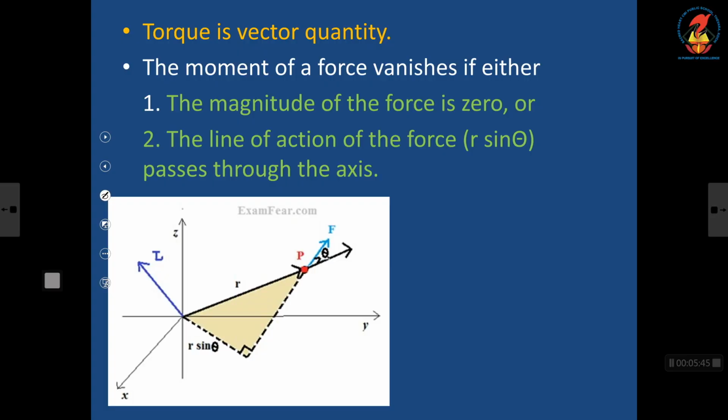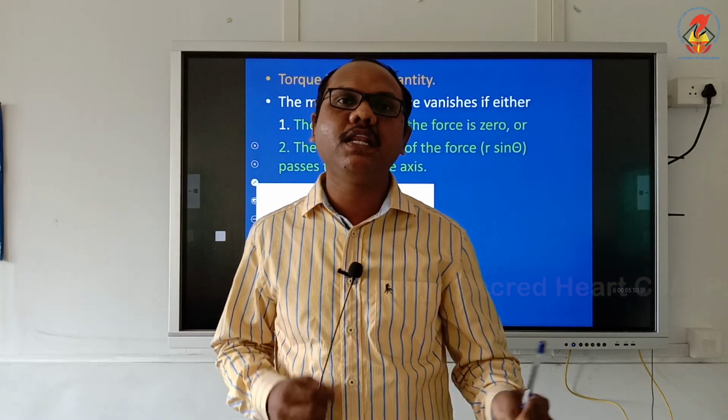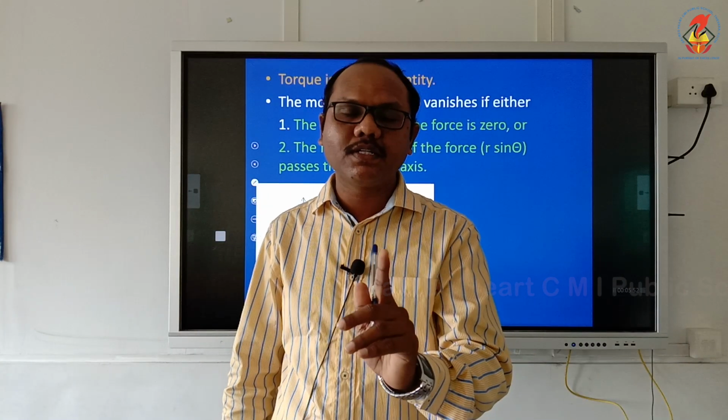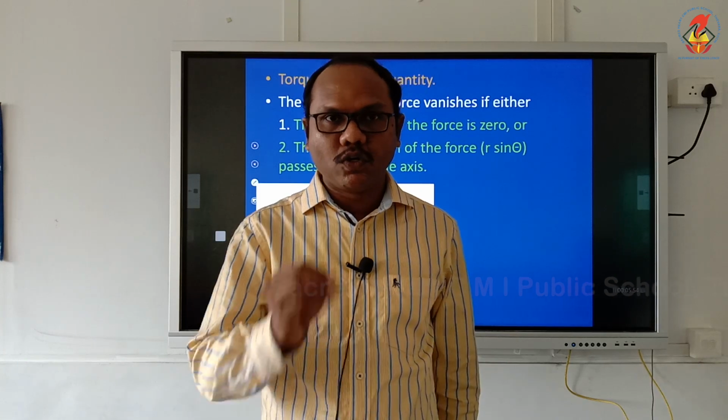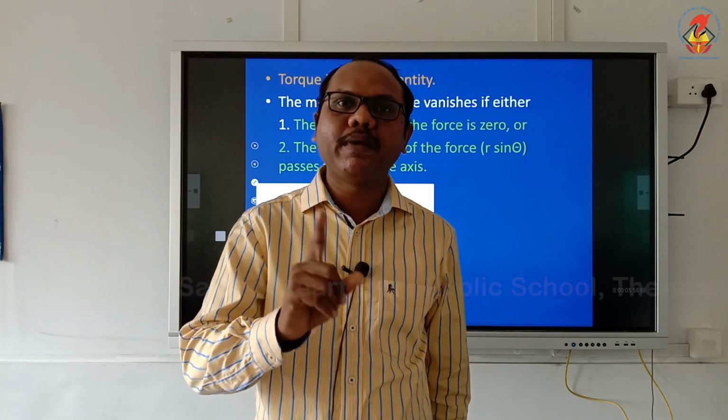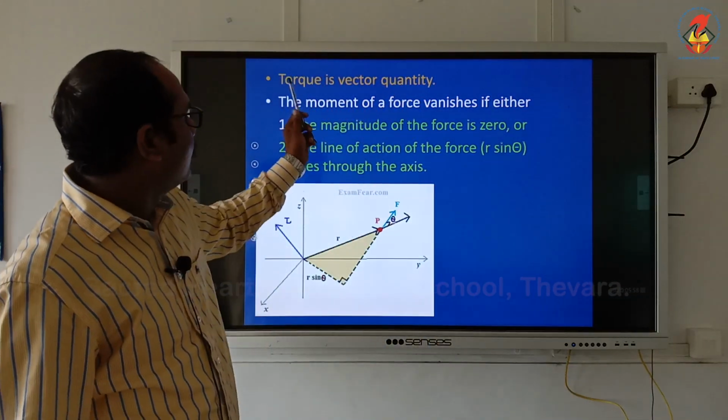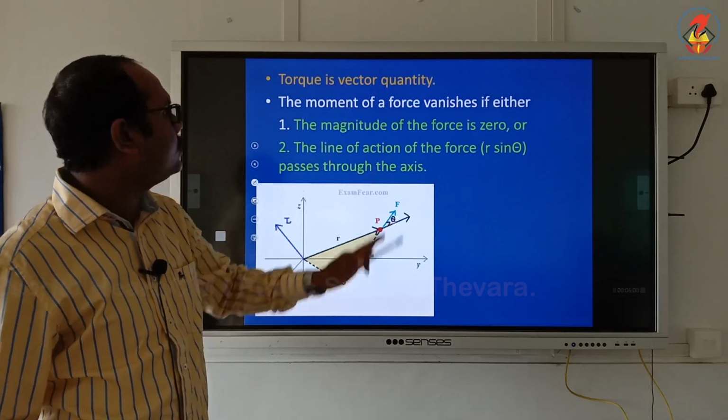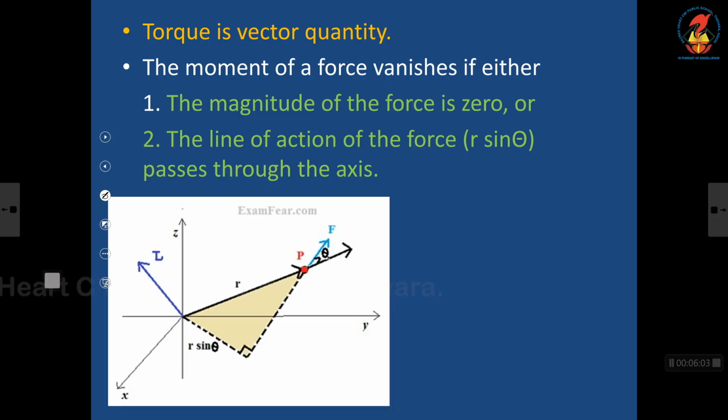Now, the moment of force. Moment of force means the rotational effect of force, which is the torque itself. So torque is also called moment of force. The moment of force becomes 0 in two cases. Number 1, the magnitude of the force is 0.